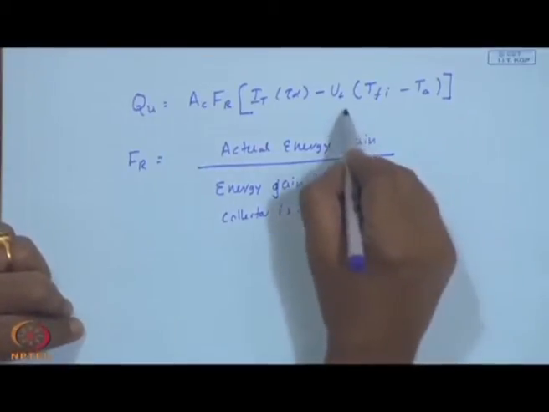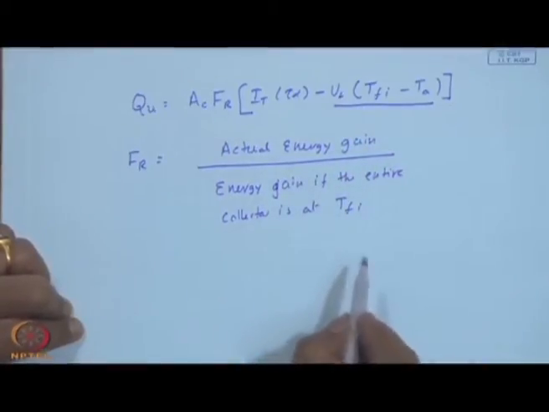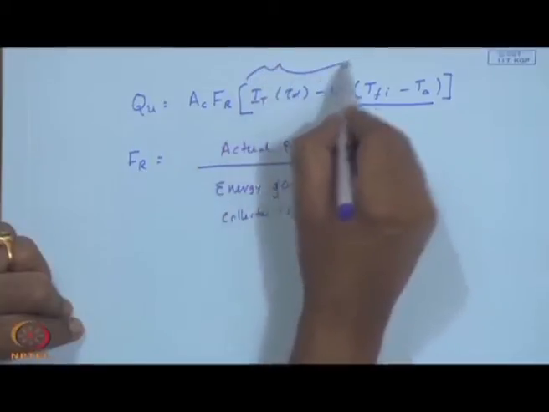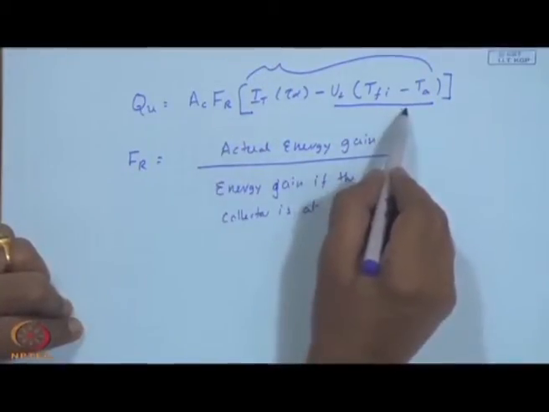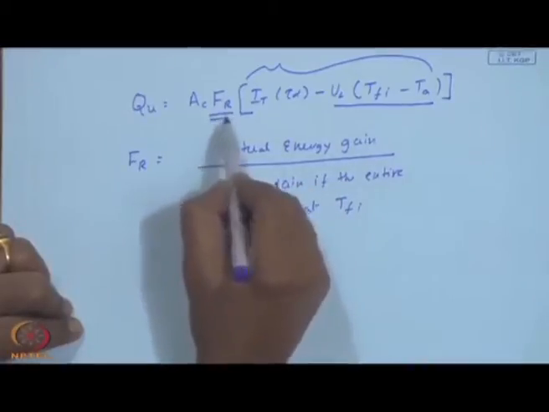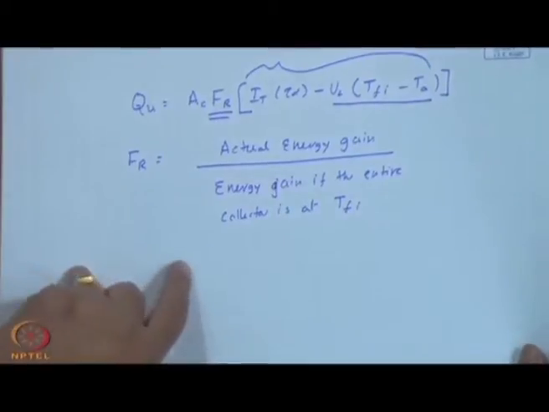So, this is the minimum loss that will be taking place from the collector. Consequently, this is the maximum possible energy gain. So, to compensate this underestimation of the loss, we have put the heat removal factor F r, something like effectiveness for a heat exchanger that you are aware in heat transfer studies.